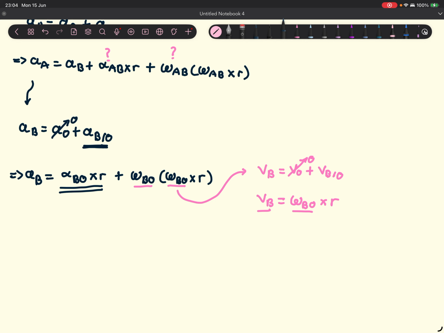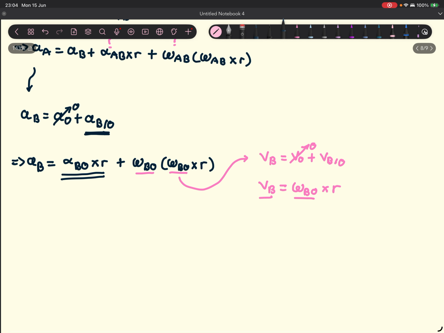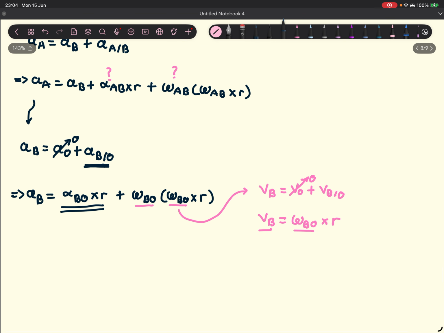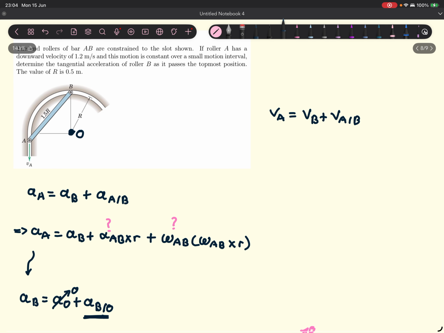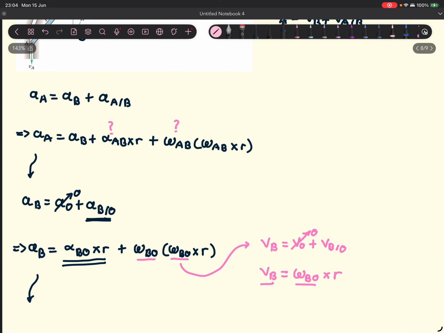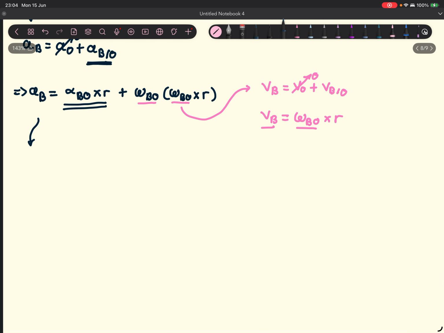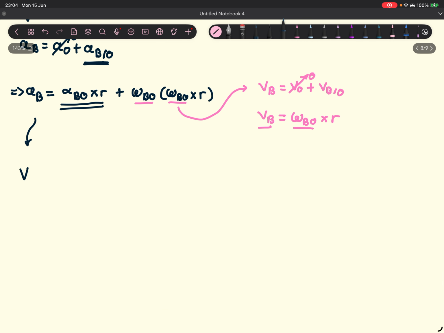So let's try and solve our velocity problem. So we're first going to start with VA and VB, since we have the direction and the magnitude of VA, and then we can use that to help us solve for VB. So let's do our equation.